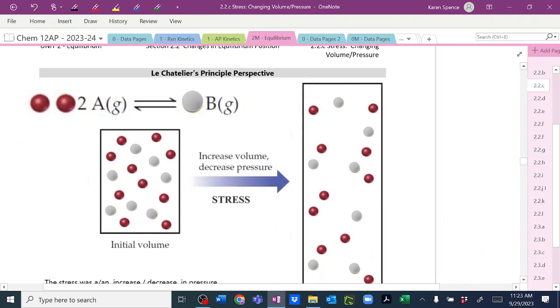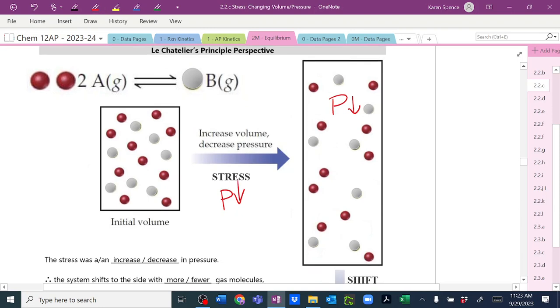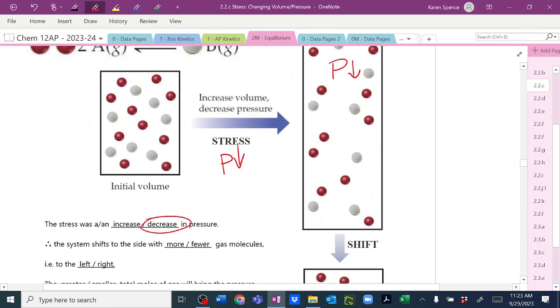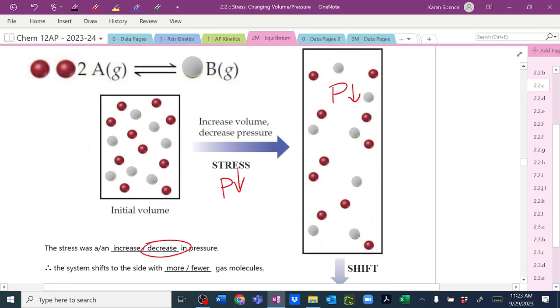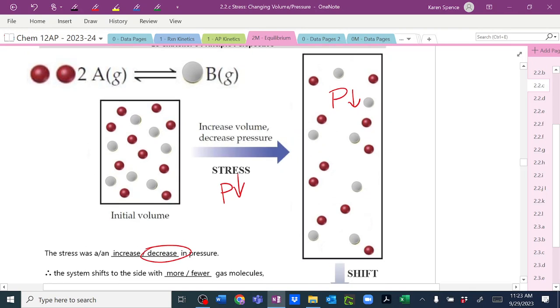Here's a Le Chatelier's principle perspective on increasing the volume. What was our stress here? The pressure decreased. That was our stress. And if the pressure decreases, which way will the system shift?